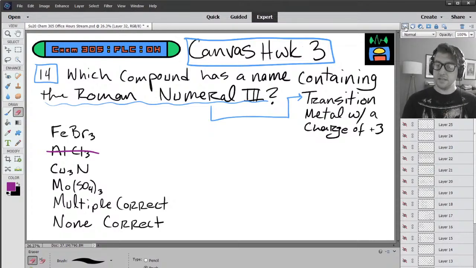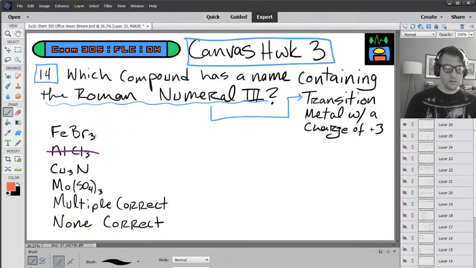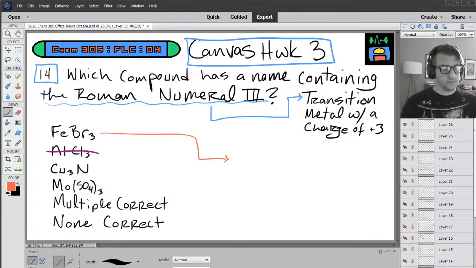And let's take these one at a time. Taking a look at iron, the first thing we need to do is find the charge of iron.